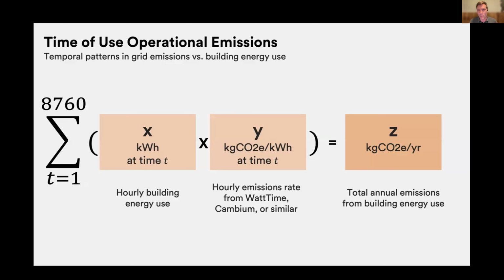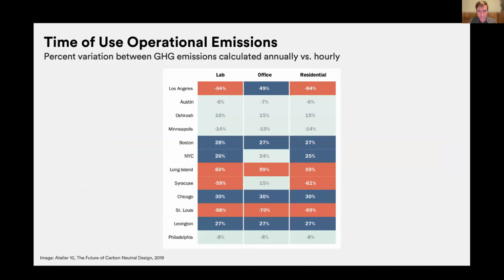I think one thing to point out is that there's a difference between the time-based approach to building emissions and the aggregate annualized approach. This is a summary report from that same figure that summarizes what these differences are. In some cases the hourly emissions estimate is lower, for instance in Minneapolis. In some places, such as Long Island, it's much higher.